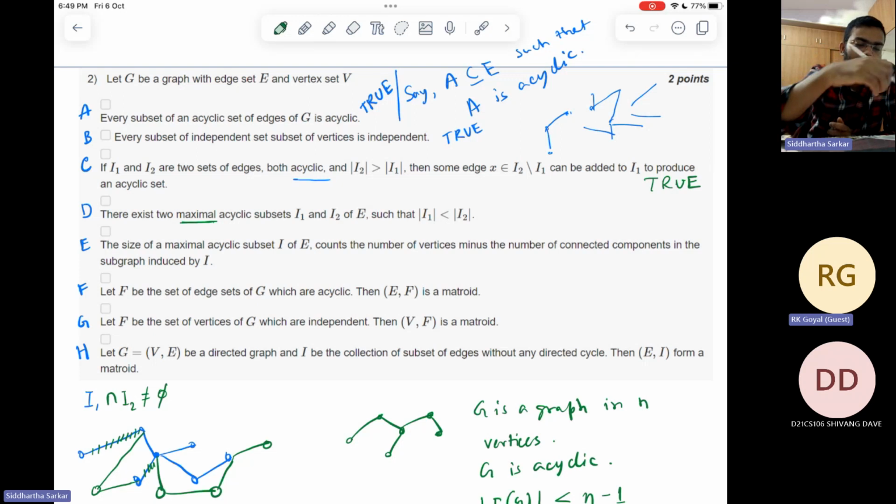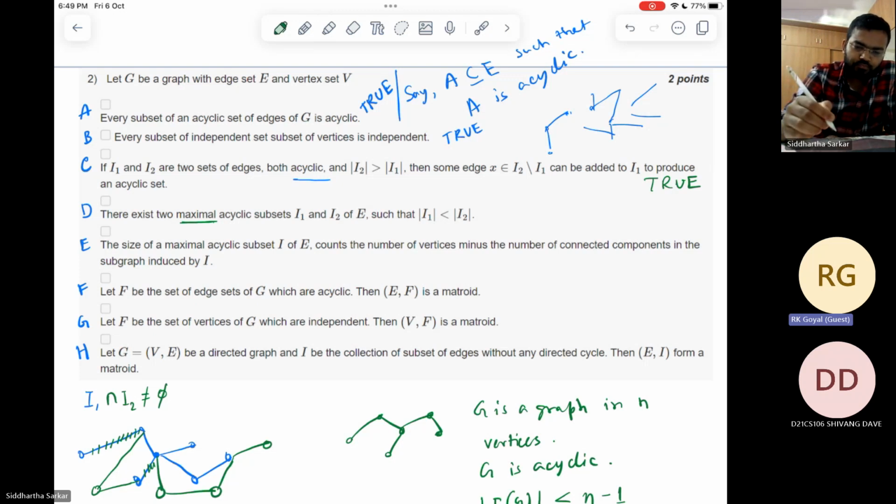Are you concluding true or false? What are you concluding? Yeah, I conclude that since the number of edges is less here, this is true.